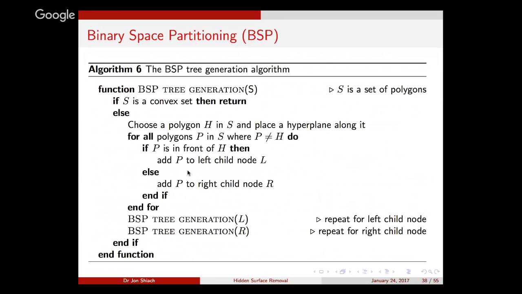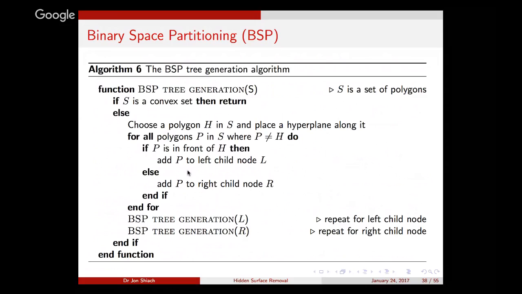And we insert a hyperplane along that polygon. So what we're going to do is you've got lots of polygons in a space, you choose one of those polygons, and you insert a hyperplane, so it cuts all of the space into 2. For all other polygons, if it's in front, if you're in the front subspace, you add that polygon to the left child node. L, I'll call it L for left.